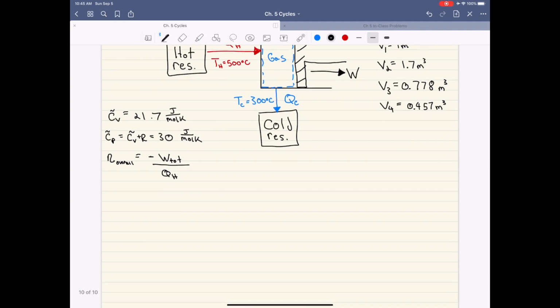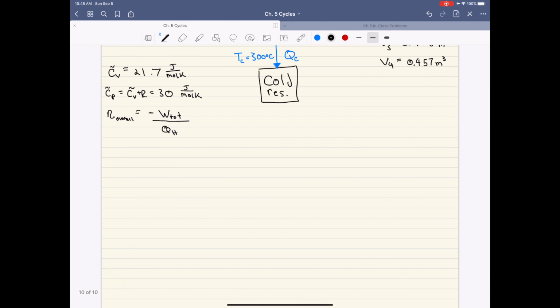Now for the Carnot cycle, we want to analyze each step, so it's useful to write out what each of those steps are. The first step of a Carnot cycle is an isothermal expansion from V1 to V2, and during this step, work 1 is exerted.